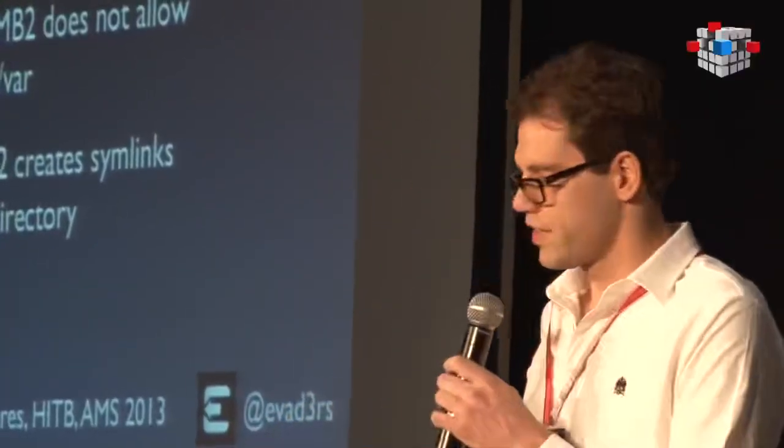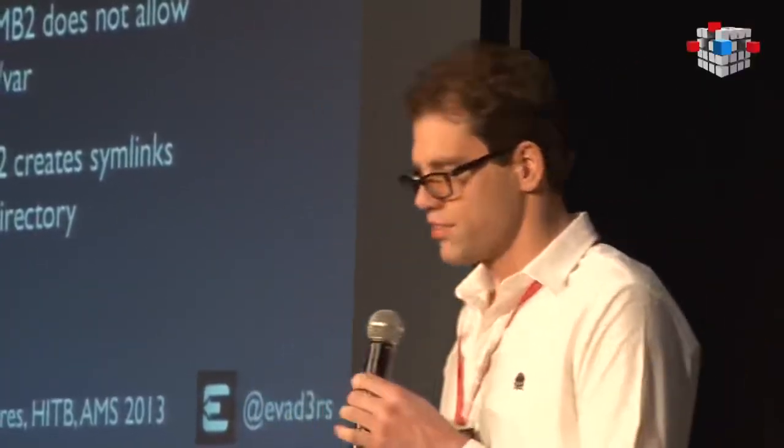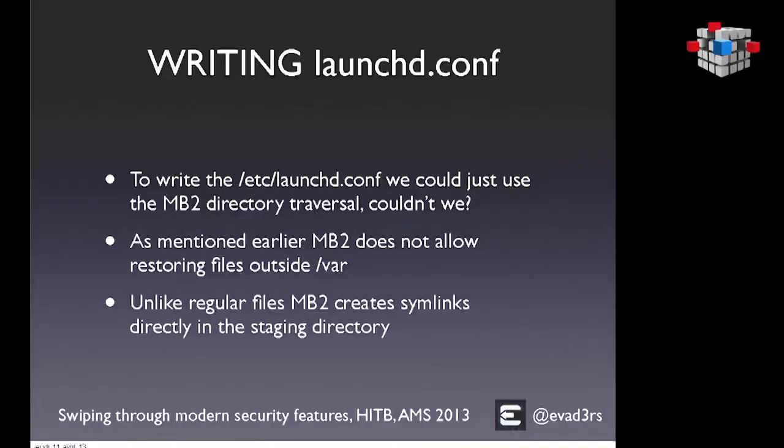We still need to find a way to do this, but it's not so hard because, unlike regular files, the mobile backup system is creating the symlinks directly in the staging directory, instead of creating them in tmp, renaming them, moving them to the staging directory, and then renaming them to the destination.